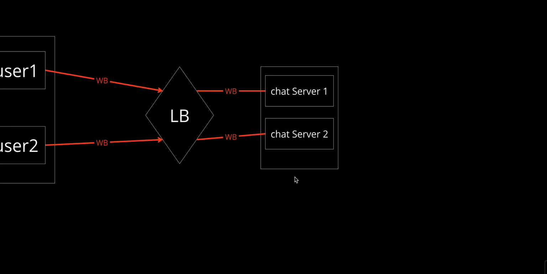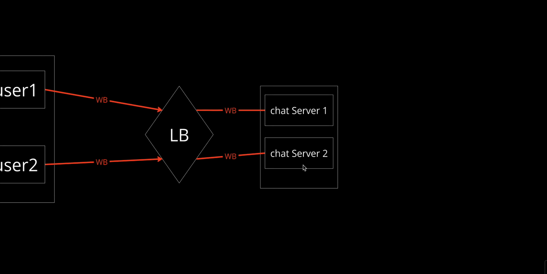These servers handle real-time communication with WebSockets. Each chat server maintains persistent connections with the users, facilitating low latency message exchange. And we need to have a user connection cache because a fast in-memory cache like Redis keeps track of active users' connections and their corresponding chat servers. It also stores user status like online, offline, and last seen messages.